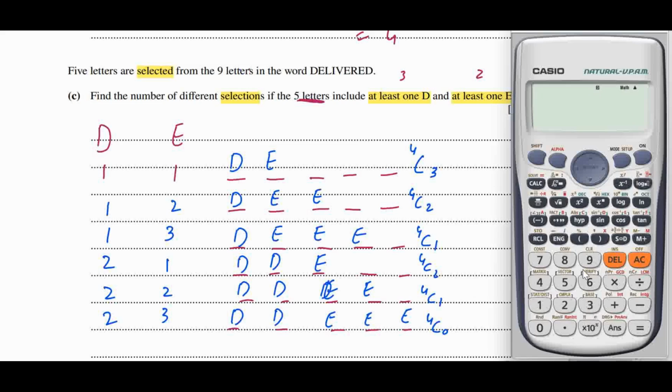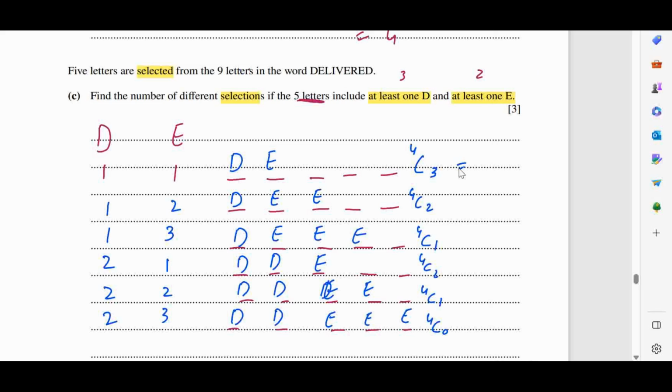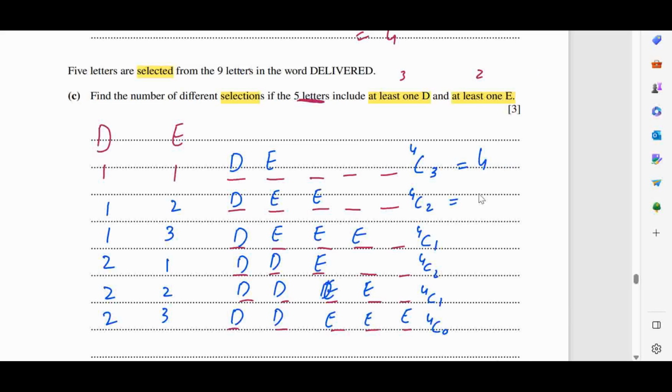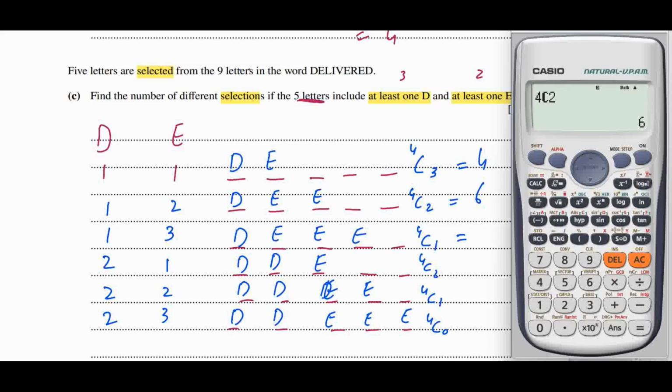Now let's find them one by one. The first case is 4C3, which is 4. Then 4C2, which is 6. Then 4C1, which is 4.